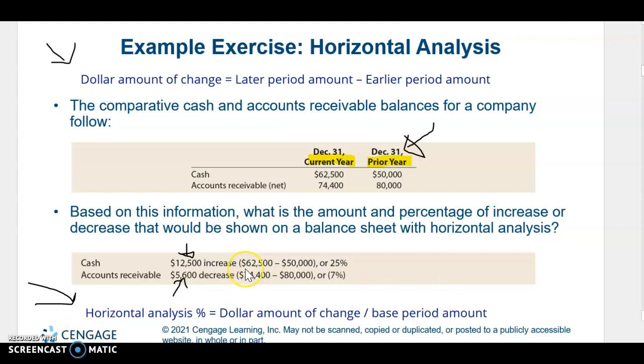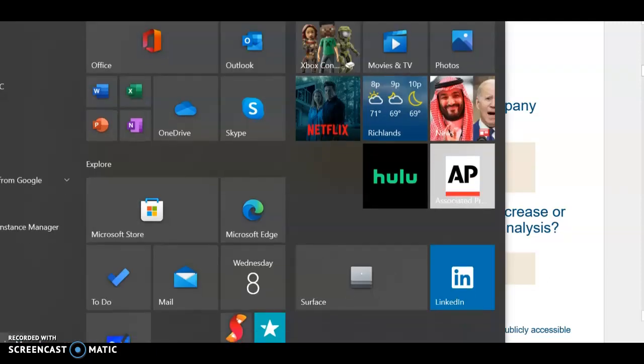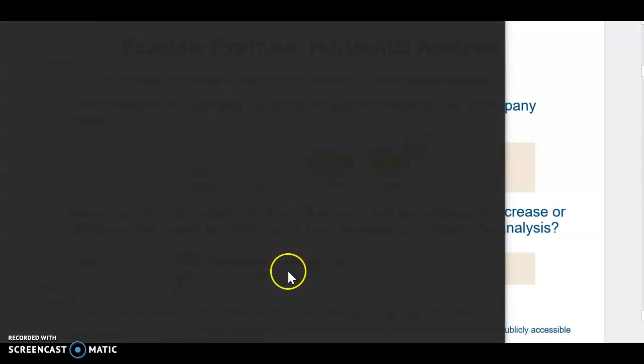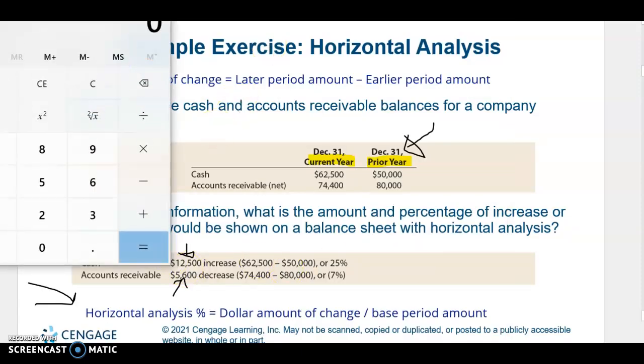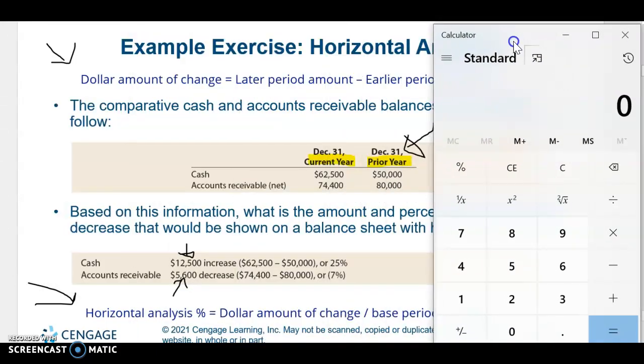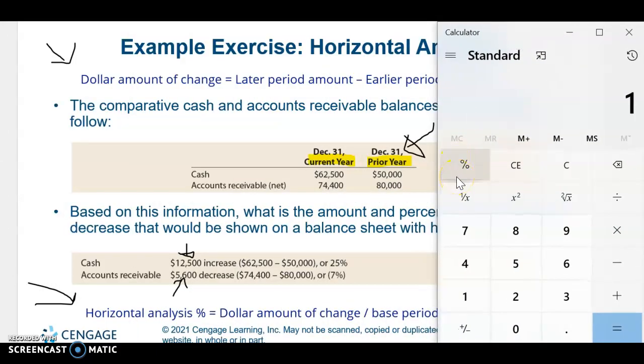So for the cash, if you use your calculator, and I'll just pull it up, let me move it over so y'all can see it. If you do 12,500 divided by the base year, which is the earliest year, you will see that 0.25, if you times that by 100 or move the decimal 2 places, that's 25%.